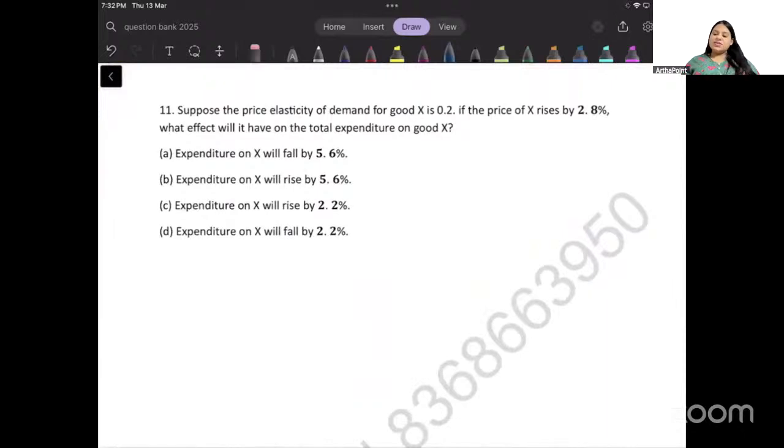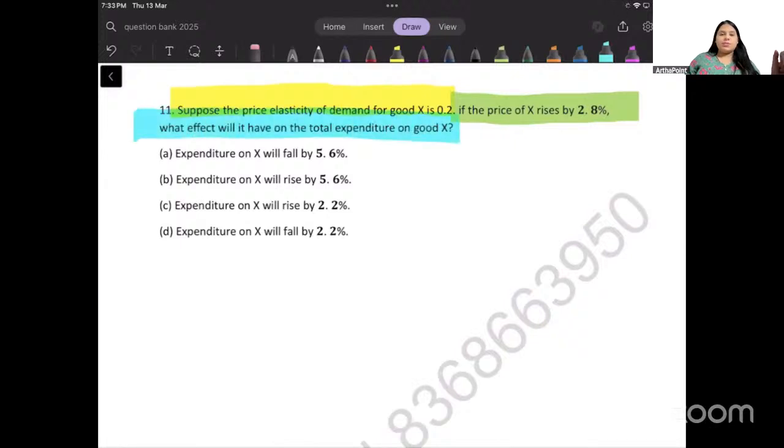Suppose the price elasticity of demand of good X is 0.2. If the price of X rises by 2.8%, what will be its effect on total expenditure? Expenditure will fall by 5.6%.